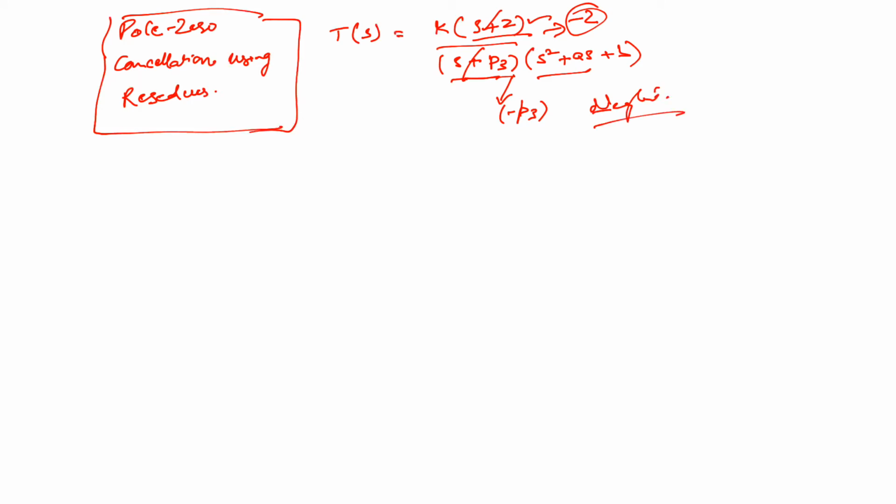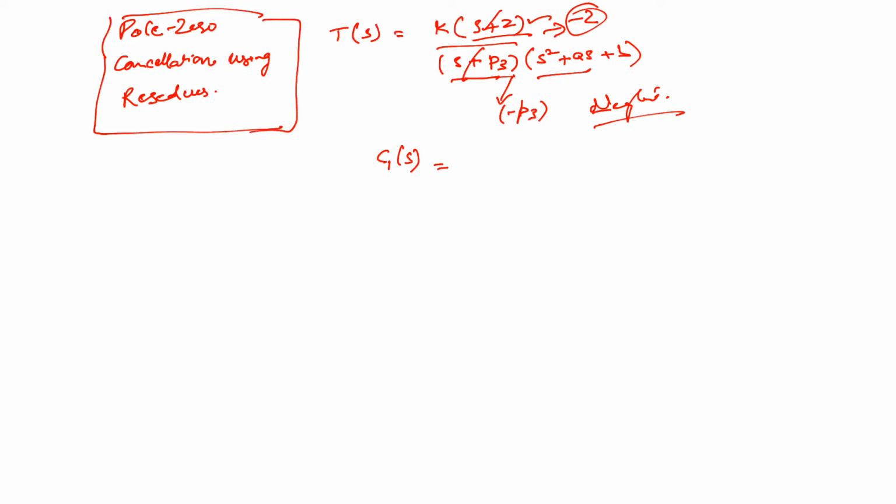Now it can be explained with one example. Let us consider a transfer function, in which we have to show whether the pole zero cancellation is valid in this case or not using the residue.